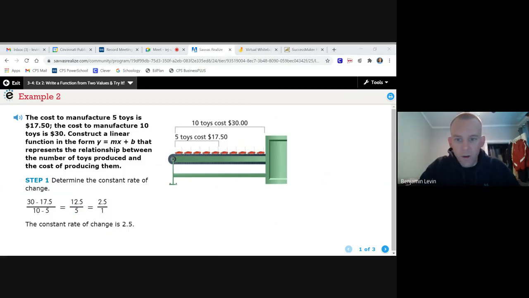If you punch in 12.5 divided by 5, you're obviously going to get 2.5. 12.5 is really $12.50, divided by 5 toys. So it's $2.50 a toy. It costs this company $2.50 per toy to make the toy on their machine. Okay, it's like a toy car or whatever they're making. Radio control car.